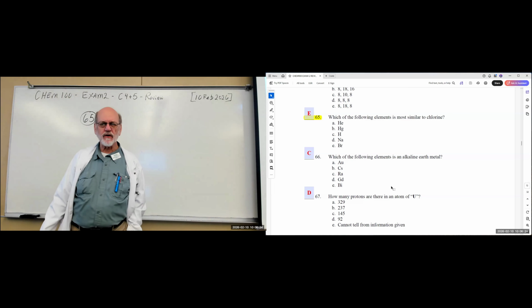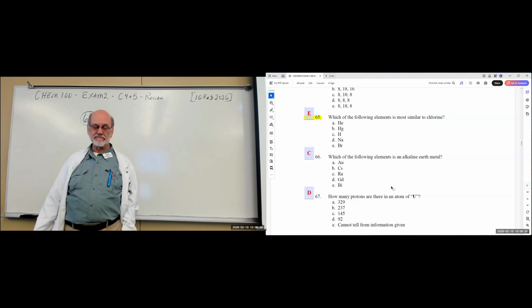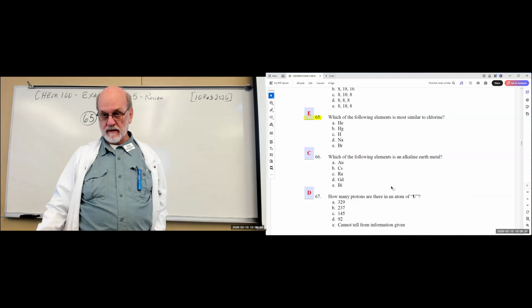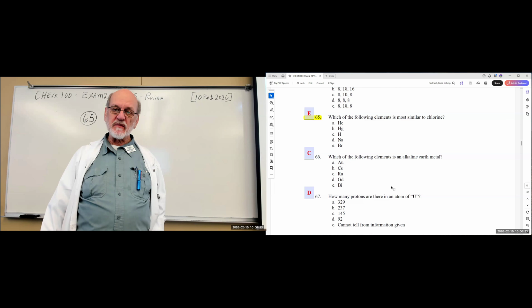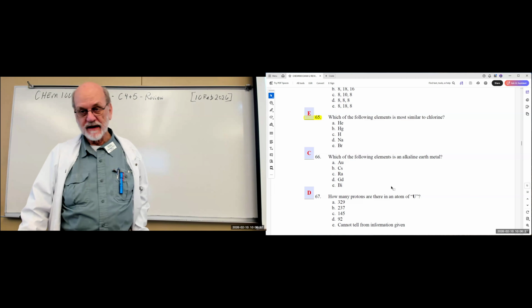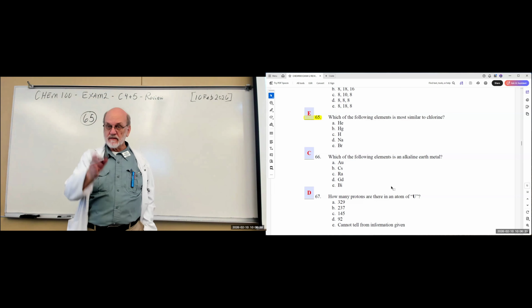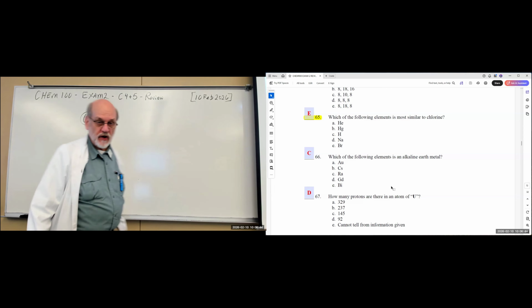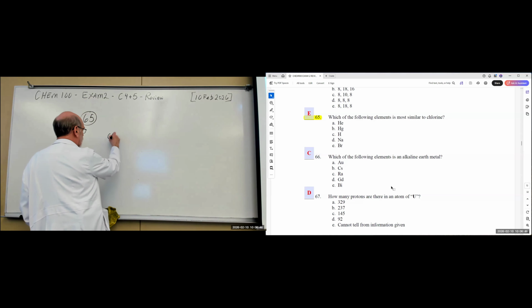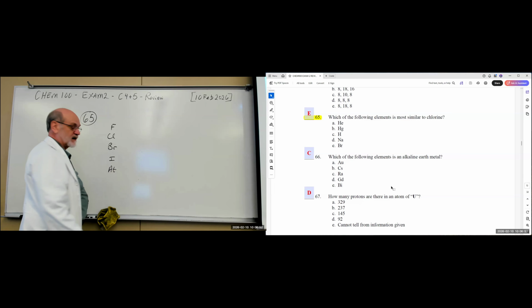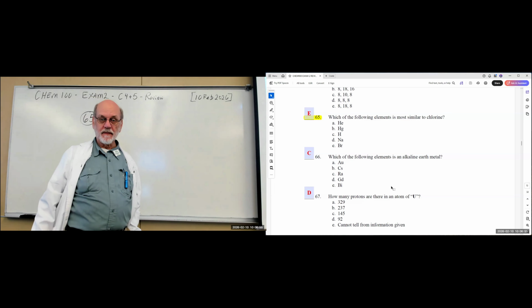When we say most similar, what do we mean? Well, in chemistry, we mean chemical behavior. How does chlorine behave? And what other elements behave like chlorine? The members of its group, right? The column. Chlorine is a halogen. So who's going to behave like chlorine? Fluorine, bromine, iodine, astatine. Those are all halogens, right?